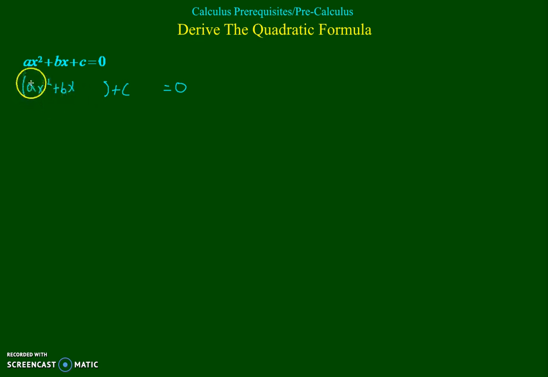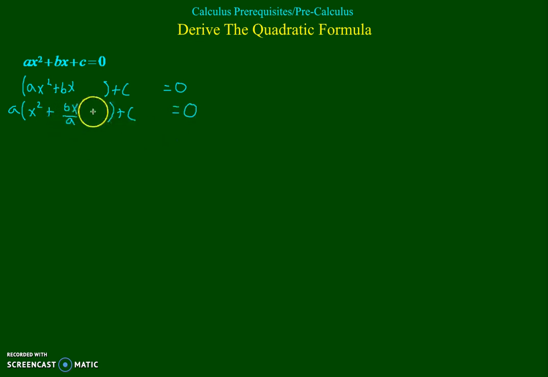So I'm going to divide both of these terms by a. That gives me the a on the outside here, and we have x squared plus bx over a, because we're dividing both of these by a.